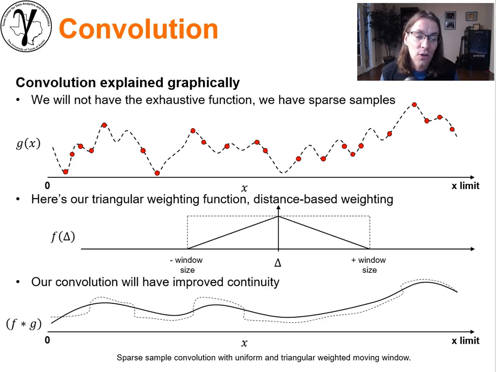So we could change from a uniform weighting. The function itself, the f of delta, could in fact be something smoother. In this case, it's a very simple triangular type of shape, where the weights would be a linear function of the distance away from the centroid of the template. The result would be that as we scan across with that weighting window, this value here that's very high, if we were over here with the weighting window, we would just start to add it, and it would have very little weight.